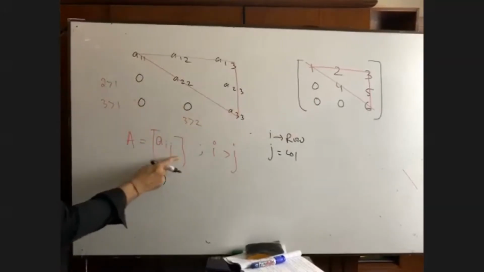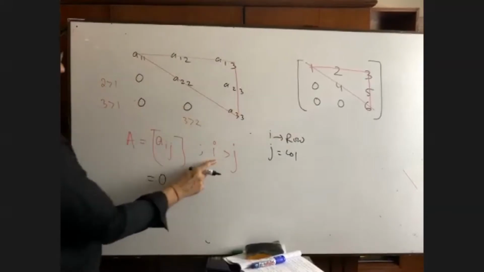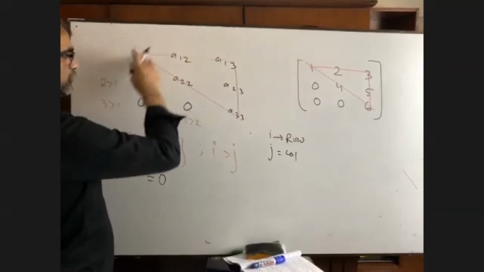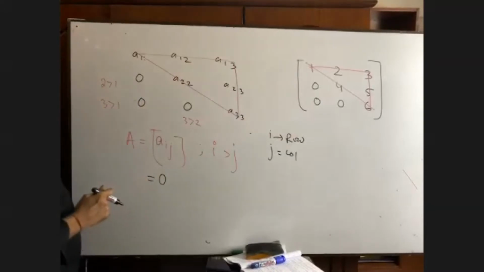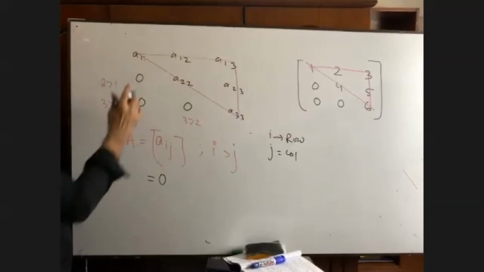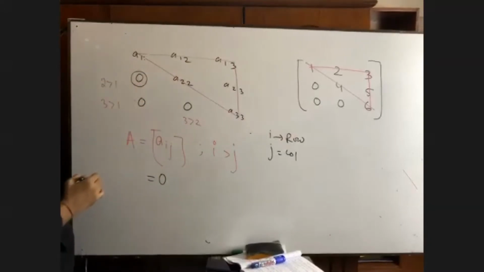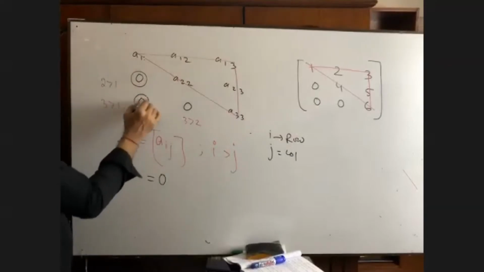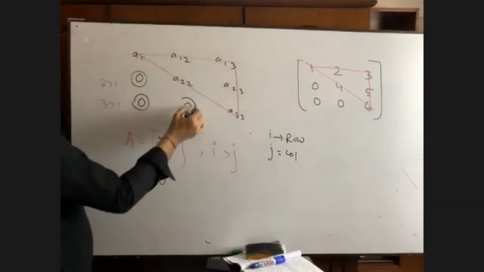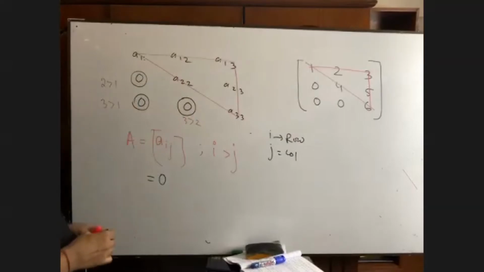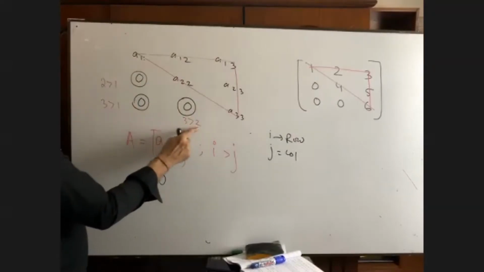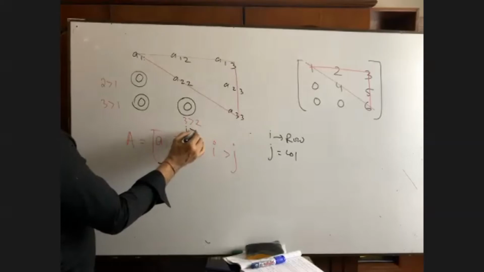So I have written Aij equals 0, condition i greater than j. In this total of 9 entries, we have Aij, right? But here i is greater than j. It is 3, 2. That is 3 greater than 2. That is i greater than j.